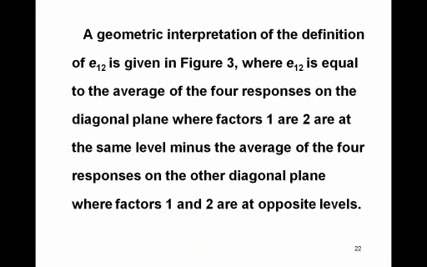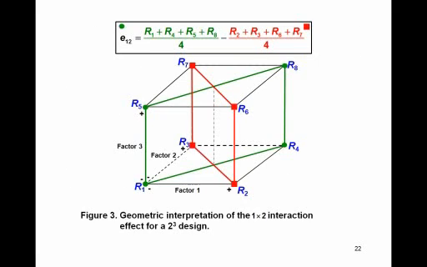Okay, let's look at the geometric interpretation, similar to what we did before. A geometric interpretation of the definition of the 1×2 interaction effect is given in the figure that will follow. And maybe the simplest thing to do is just look at the picture directly. So once again, here we see R cubed with factor 1, factor 2, factor 3.